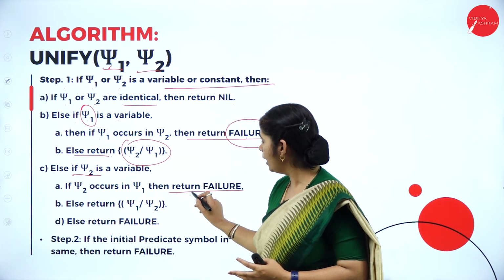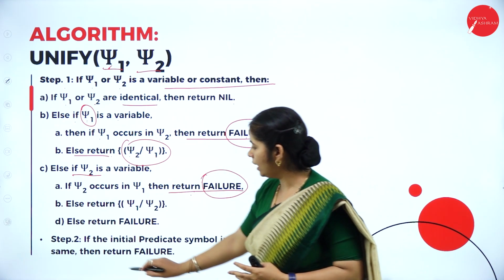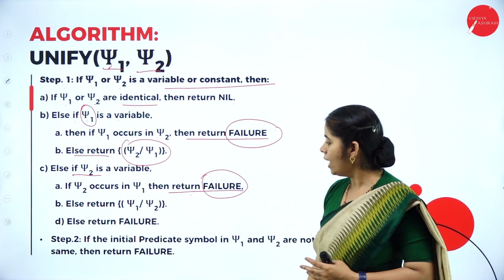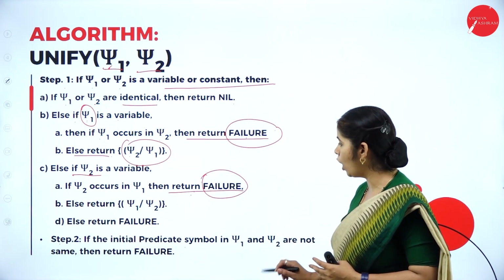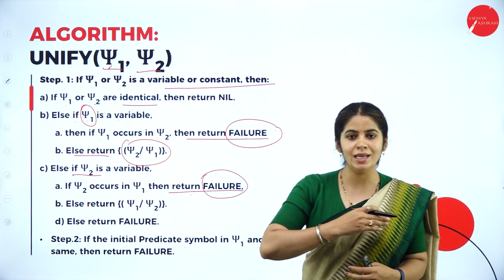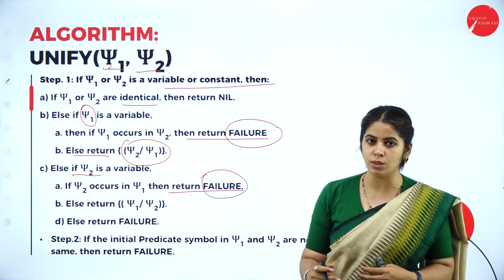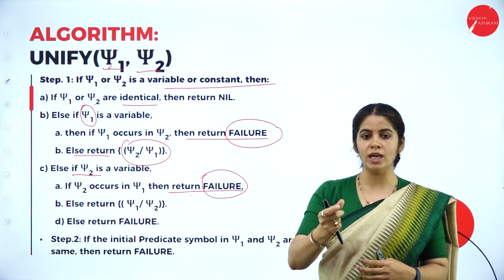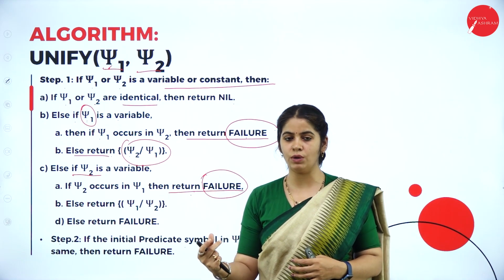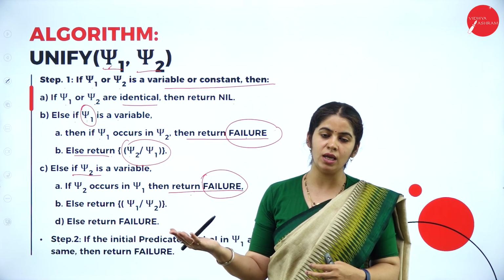So in the second step, if the initial predicate symbols of psi 1 and psi 2 are not the same, then we can directly say that unification is not possible. In the first step, we check whether psi 1 is a variable or psi 2 is a variable. We cannot go for substitution if it is a variable.